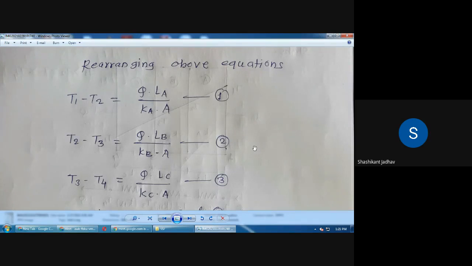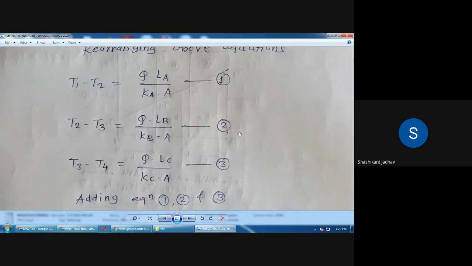Write down all three equations. Okay. So this is the three equations we get from the layer A, layer B, layer C. T1 minus T2 is equal to Q into LA upon K into A. Similarly, T2 minus T3.